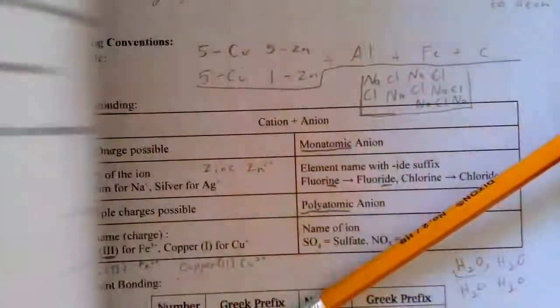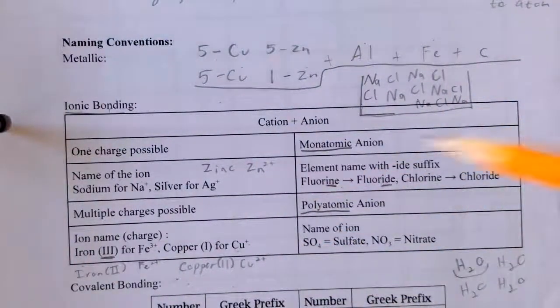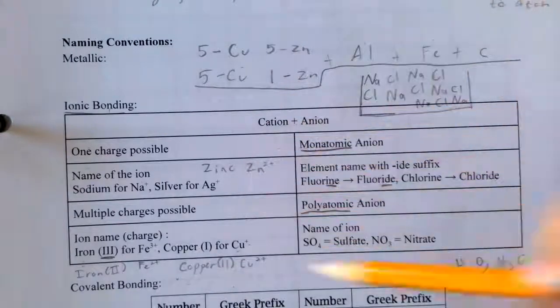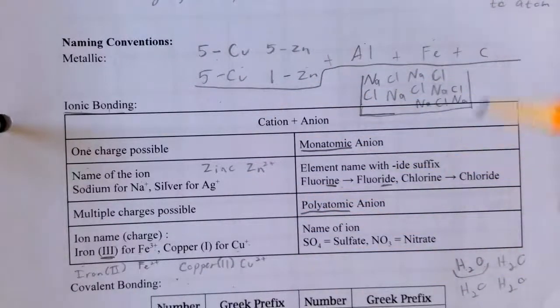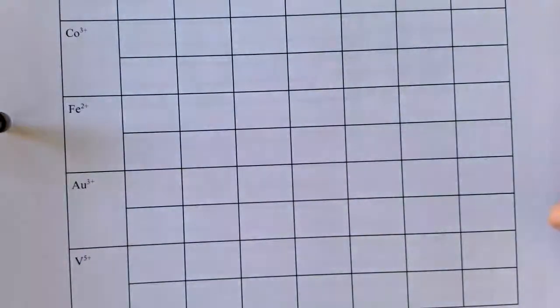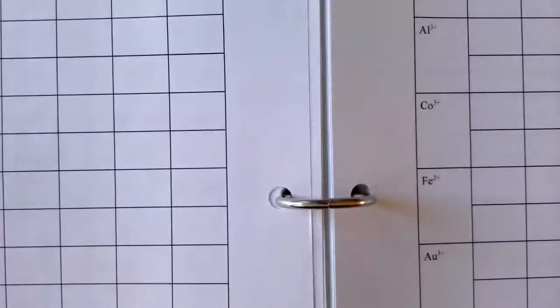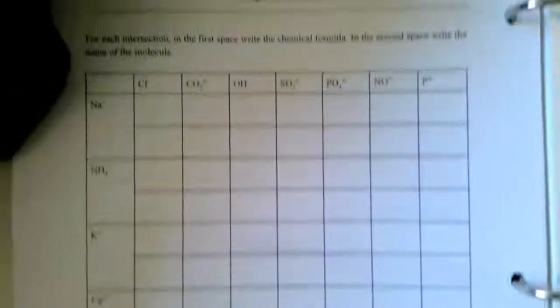So that's what this naming convention looks like. And we'll come back to this. This might not be totally clear right now, but we'll come back to it. For now, what we're going to be doing is practicing naming these using the next 2 pages. So we're going to be very, very clear here.